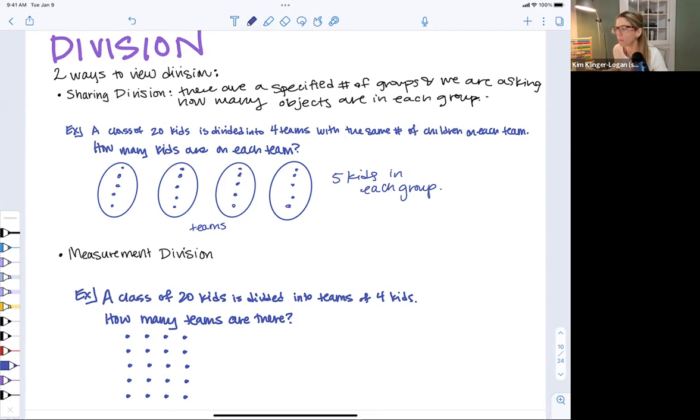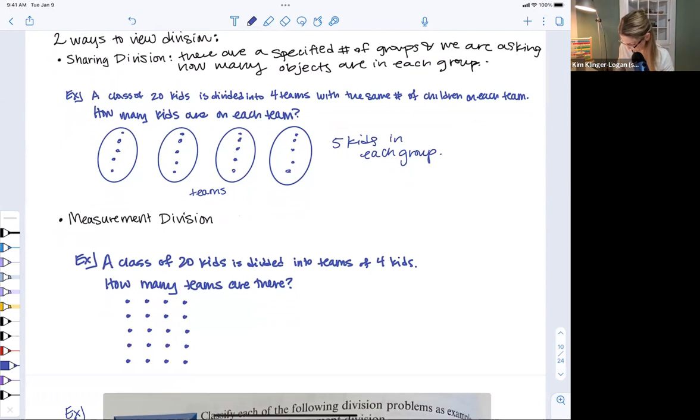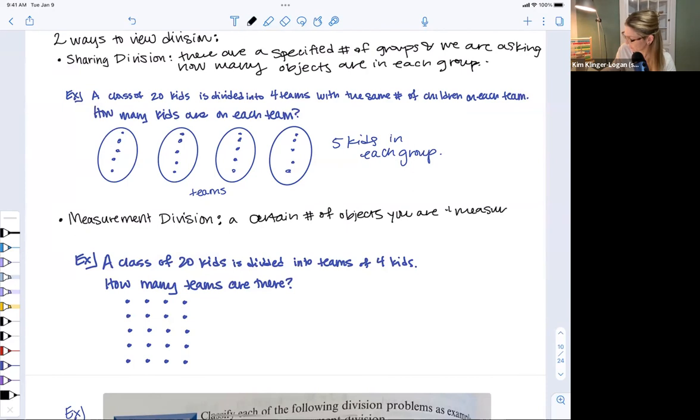Here we have a certain number of objects you are measuring out to each group, and asking how many groups are there.